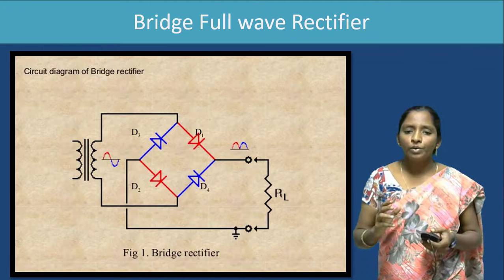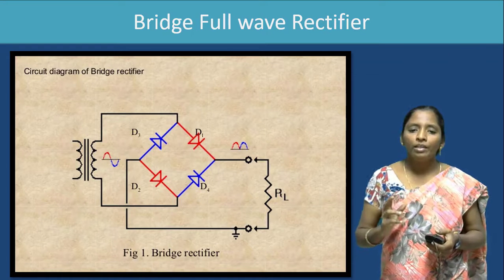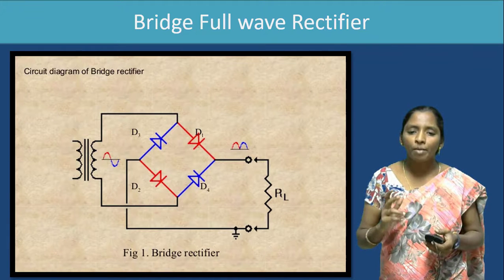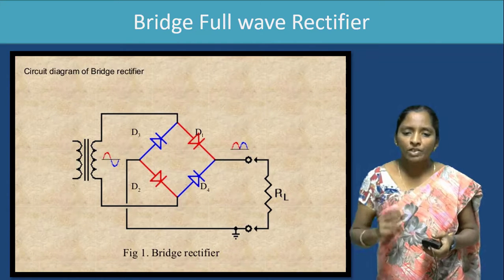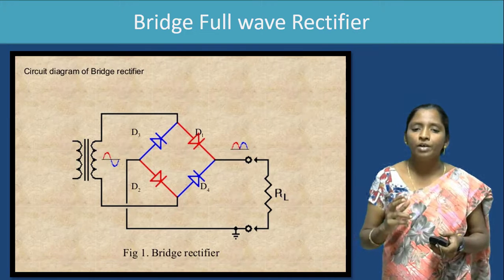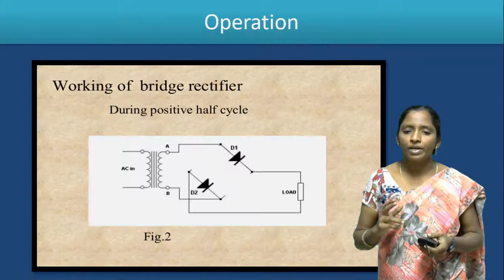So here during the positive half cycle, the diodes D1 and D2 are forward biased because we are applying the positive terminal to the anode of D1 and D2 and the negative terminal to the anode of D3 and D4. That's why during the positive half cycle, D1 and D2 are forward biased and D3 and D4 are reverse biased.